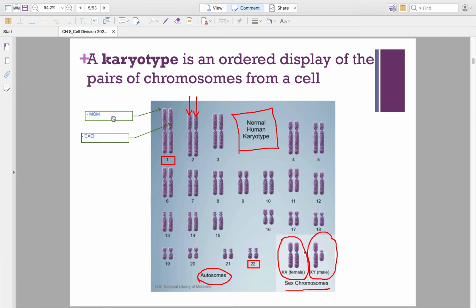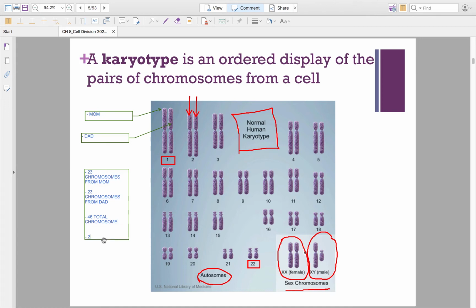So when you inherit your chromosomes, when you're made, you get 23 chromosomes from mom and 23 chromosomes from your dad, giving us a total of 46 chromosomes.